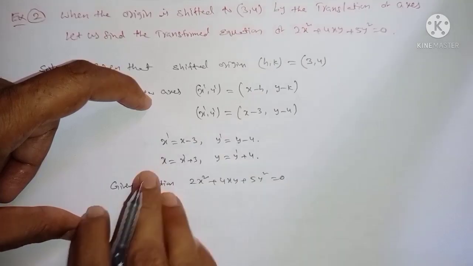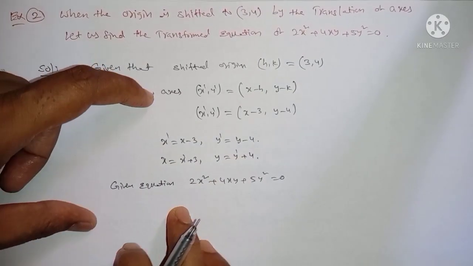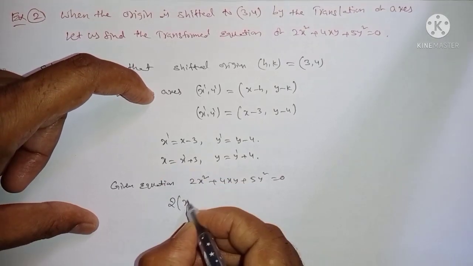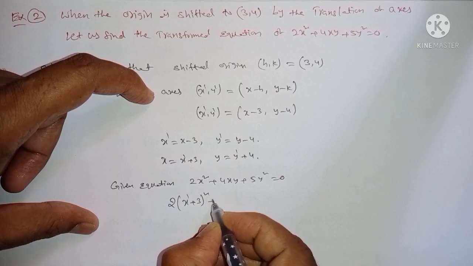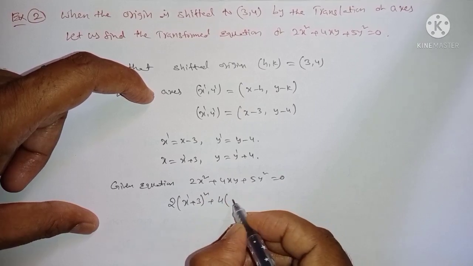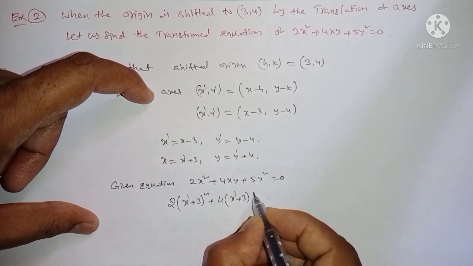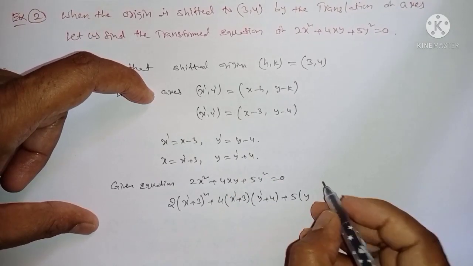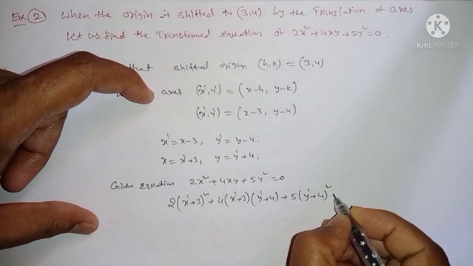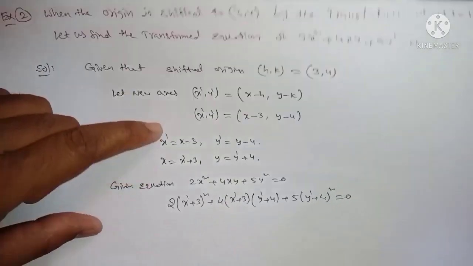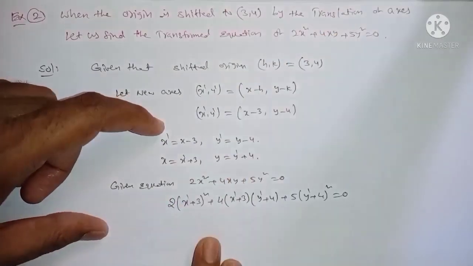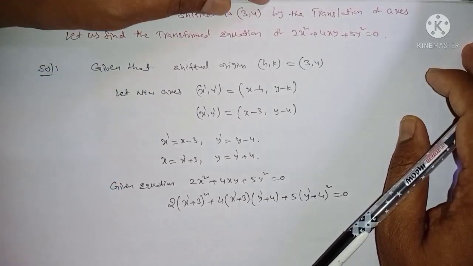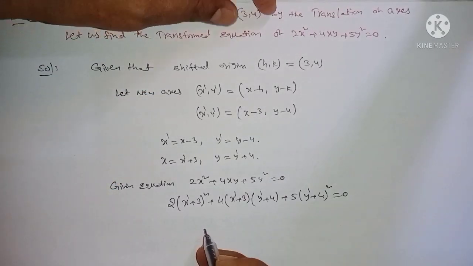Substitute the x and y values, simplify, and you get the answer. 2(x' + 3)² + 4(x' + 3)(y' + 4) + 5(y' + 4)² = 0. We are substituting the x and y values in the given equation. You simplify this equation, you get the transformation of the equation.